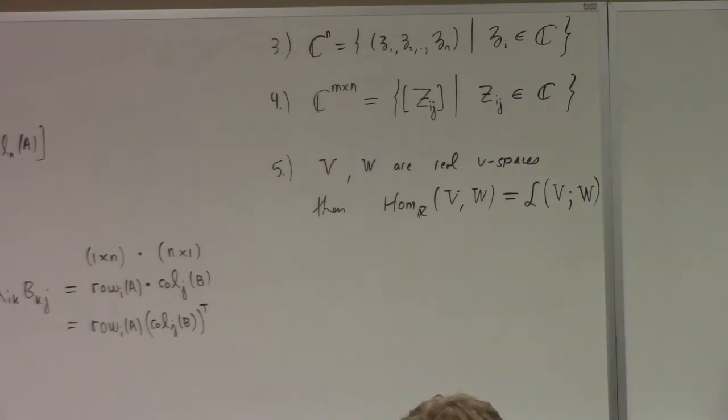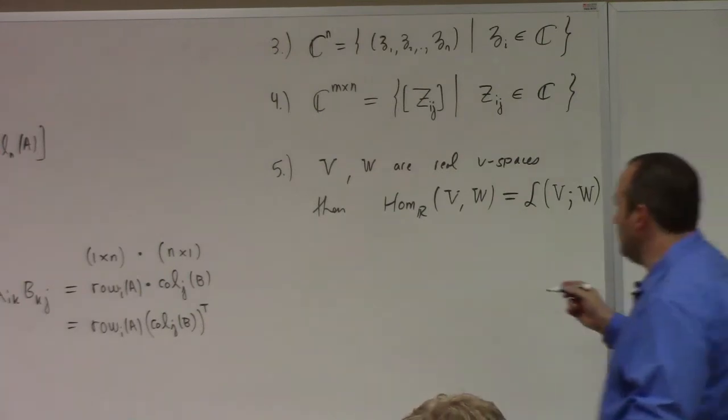So what I mean is linear transformations from V to W, right? W-valued transformations. The linear transformations also form a vector space structure, right? You can add maps. You can scalar multiply maps by pointwise addition, pointwise scalar multiplication, right?